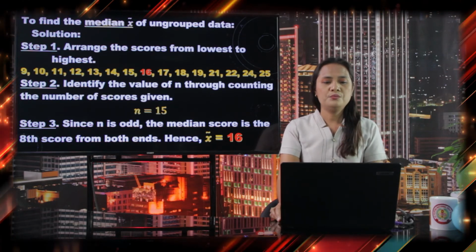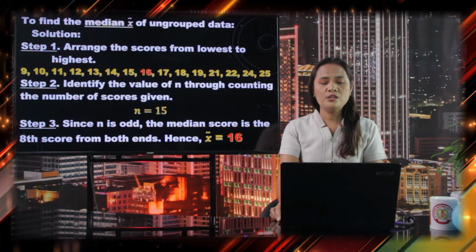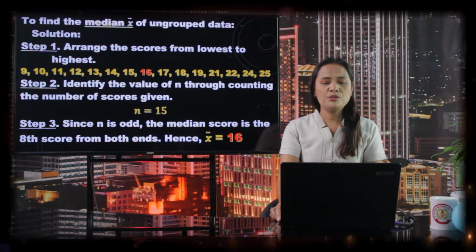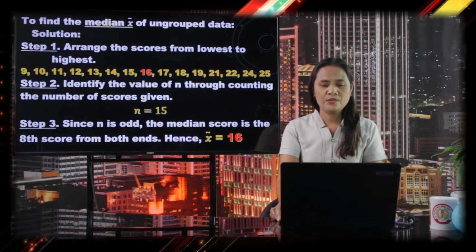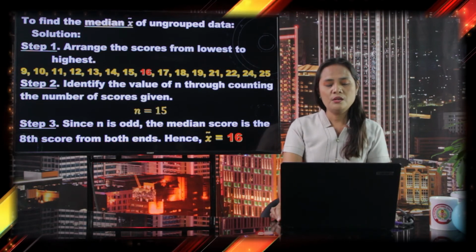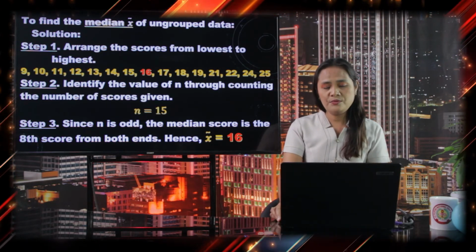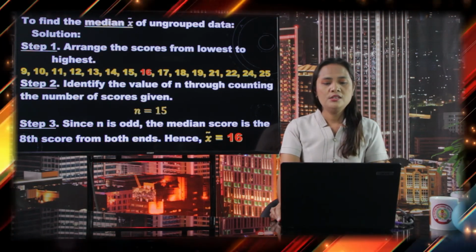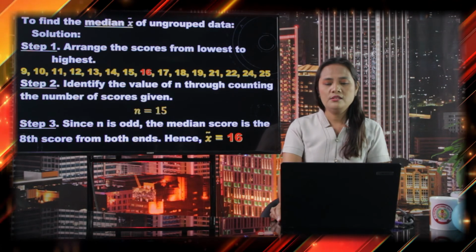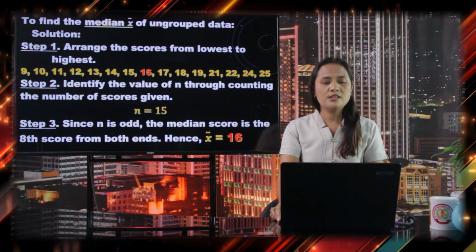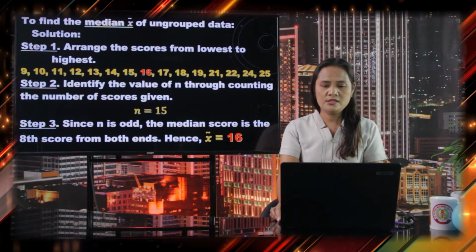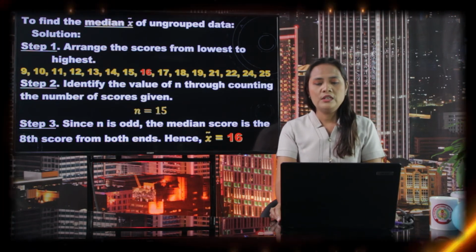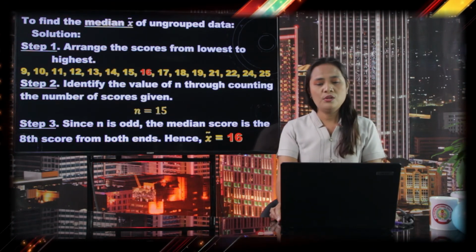Step 2. Identify the value of n through counting the number of scores given. The number of scores is 15, so n is equal to 15. Step 3. Since n is odd, the median score is the 8th score from both ends. So we have median is equal to 16.